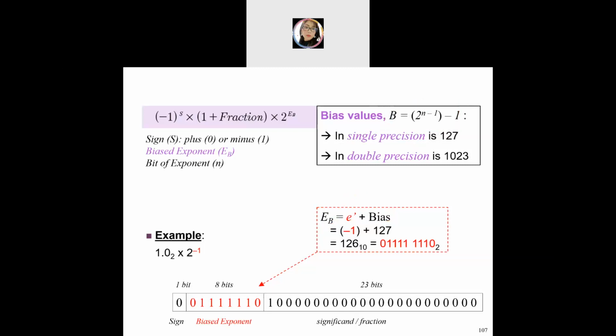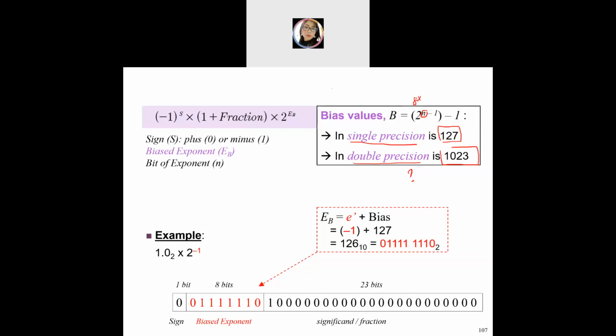Now, in single precision, the bias is 127, and in double precision it is 1023. It's always fixed. Why? Similar to just now, our n value is fixed.